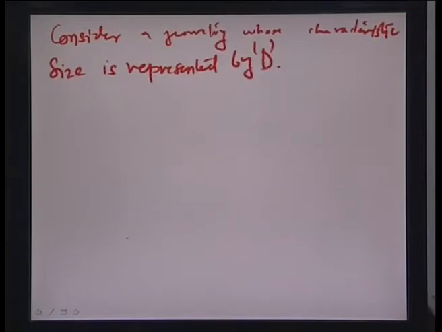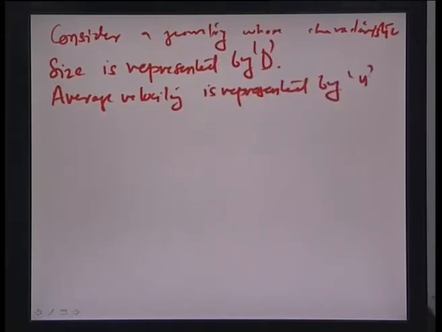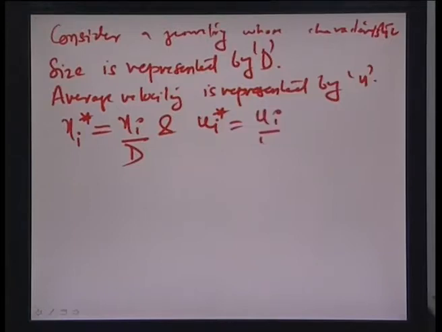Similarly, the average velocity at that scale is represented by u here, okay. So therefore this number xi star, which is a non-dimensional number, is exactly equal to xi by d, and similarly ui star, the non-dimensional velocity number, is equal to ui by u, okay.